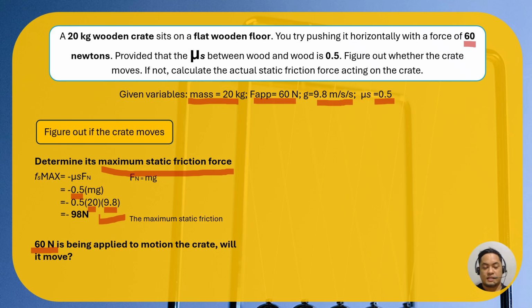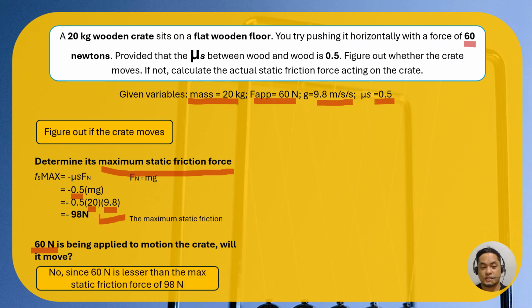Provided that the maximum static friction is 98 Newtons, and you just applied 60 Newtons, obviously it will not move, since 60 Newton is lesser than the max static friction force of 98 Newton. So only more than 98 Newtons applied force can move the crate. And 60 is lesser than that, so there's no motion.